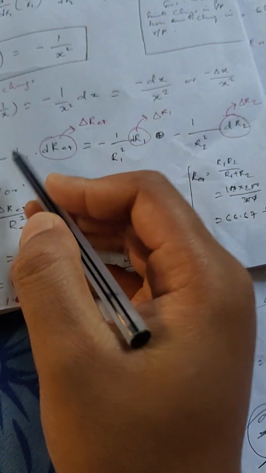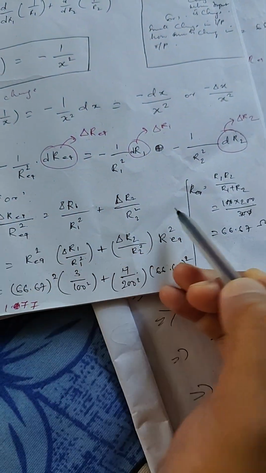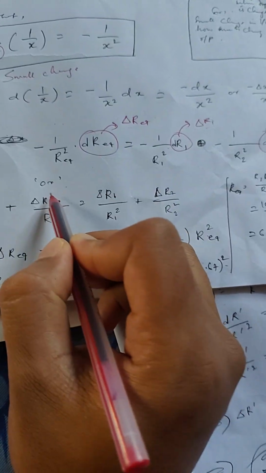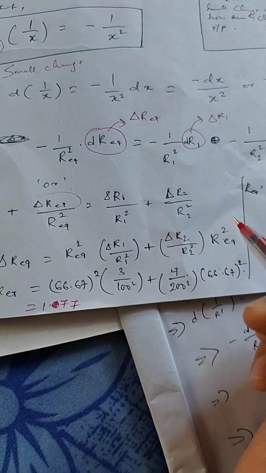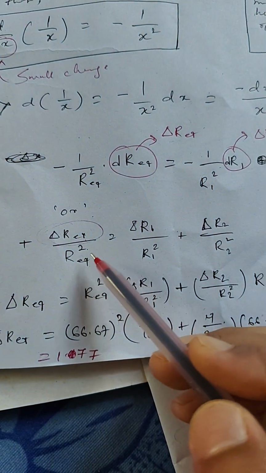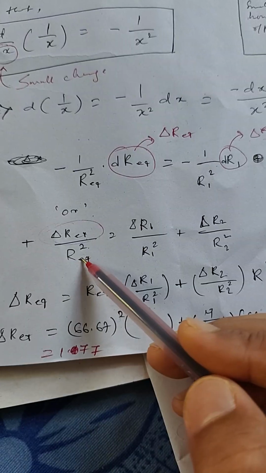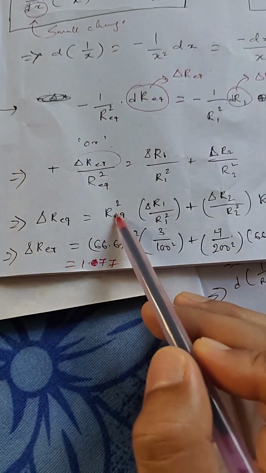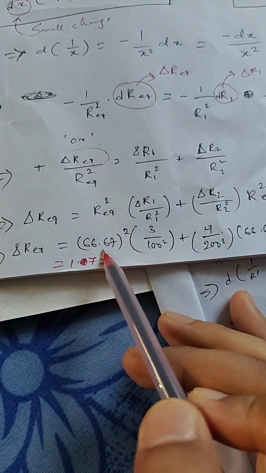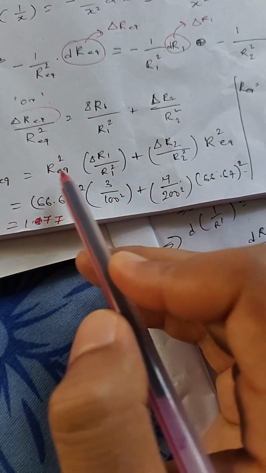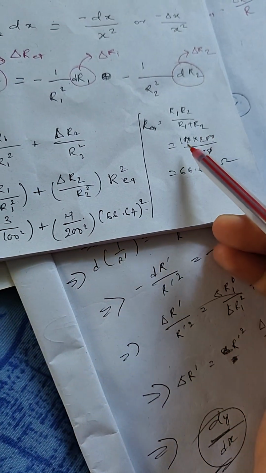So I have removed the minus symbol and got this. Our main motive is to find the absolute error of R equivalent, so I send R equivalent square, our measured value, to the right side, where it gets multiplied on both terms. Now there is nothing to do except put in the value of R equivalent, which we found before.